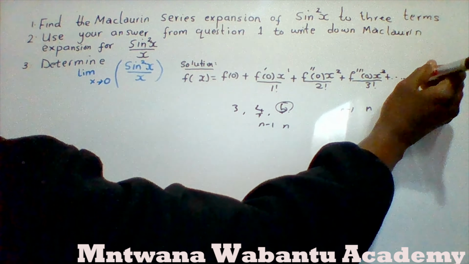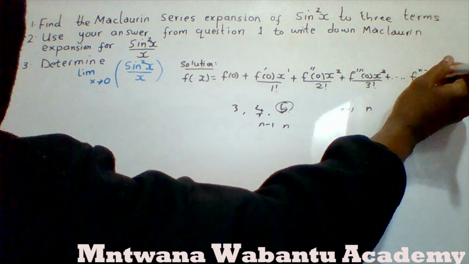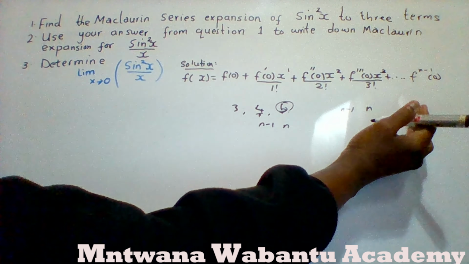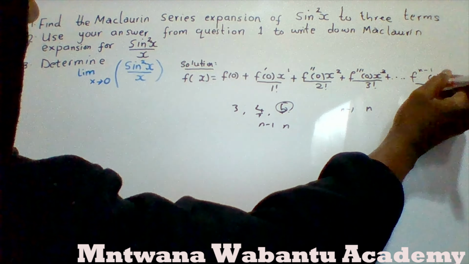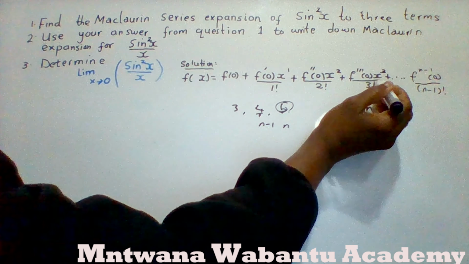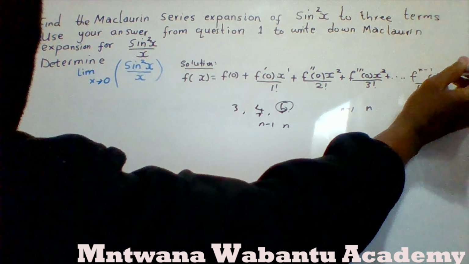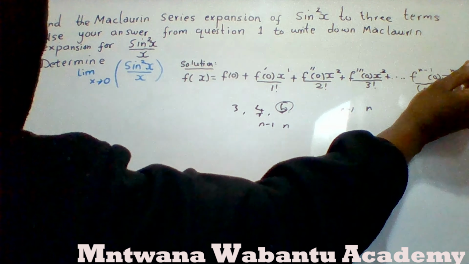Since we don't know where we're going to stop, this is going to be f to the n minus 1 of 0, over n minus 1 factorial, just like if it's 3, we divide by 3 factorial. So this must be n minus 1 factorial, and x to the power n minus 1.